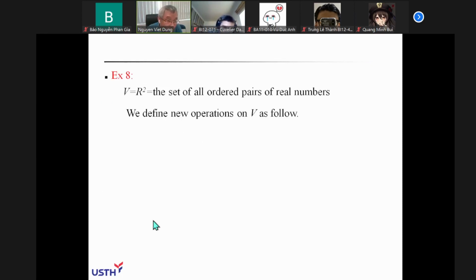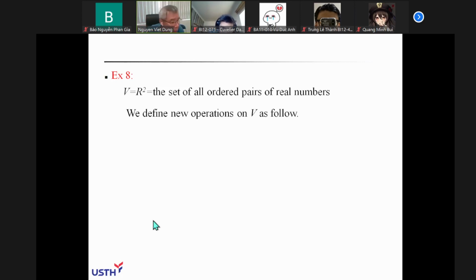When we talk about vectors in n-space, we define what we call standard operations. Now we define some more operations on that, which are not standard.